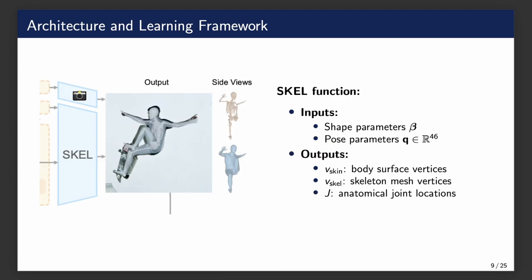The second part is the SKEL function, and this model, as I said, takes the shape parameters and the pose parameters and gives back the body surface vertices, the skeletal mesh vertices, and the anatomical joint locations. This is important because we need to talk about the losses of this model.